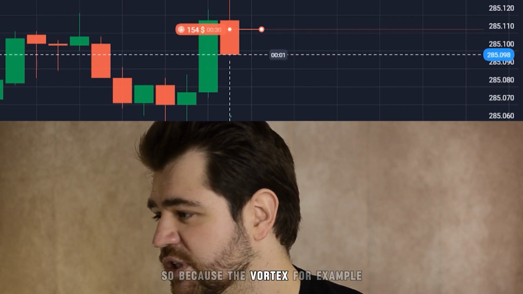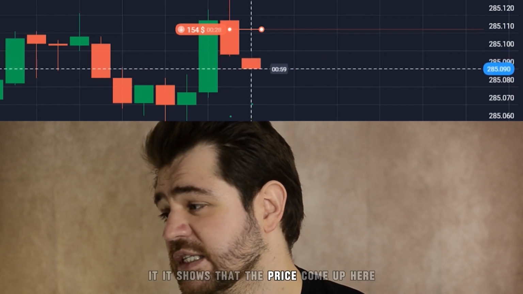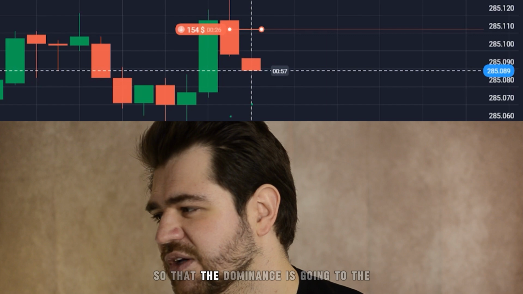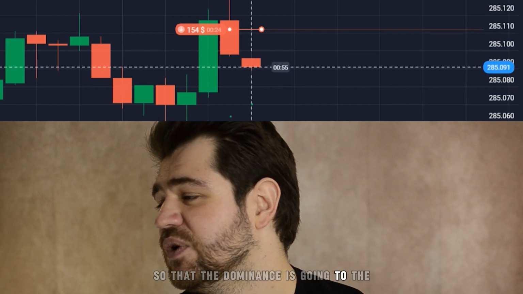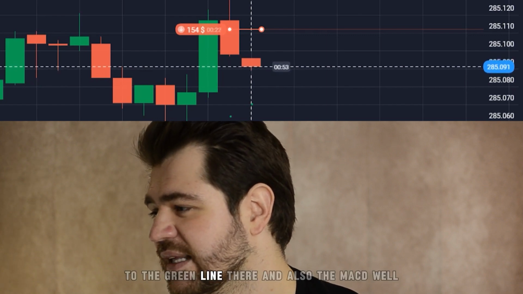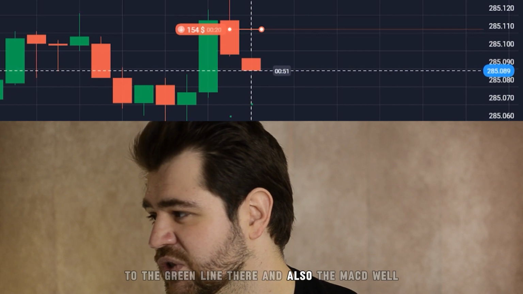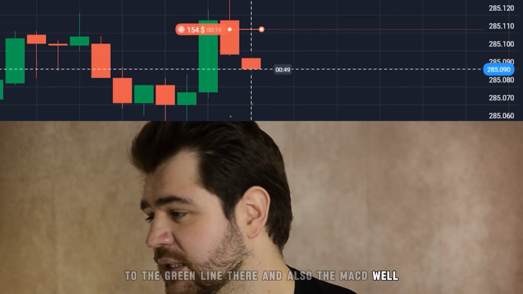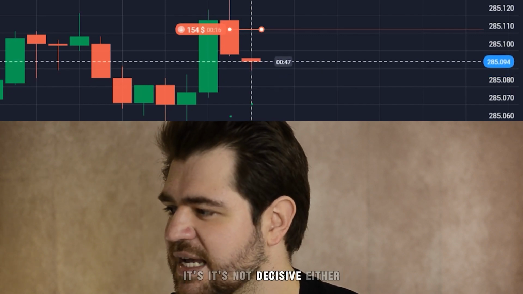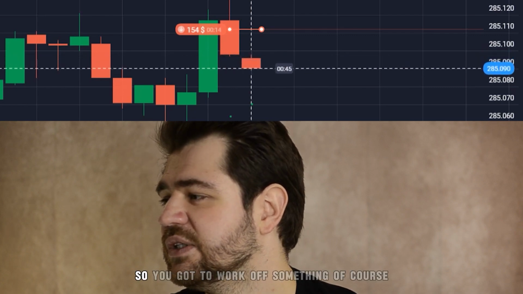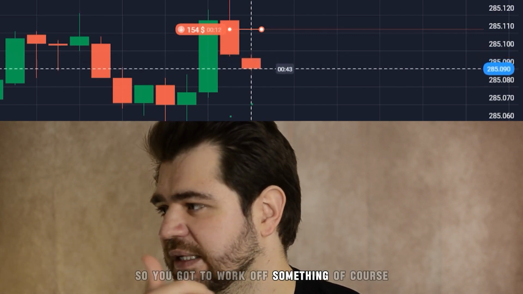Because the Vortex, for example, shows that the price is going up here, so the dominance is going to the green line there, and also the MACD. Well, it's not decisive either, so you gotta work off something.